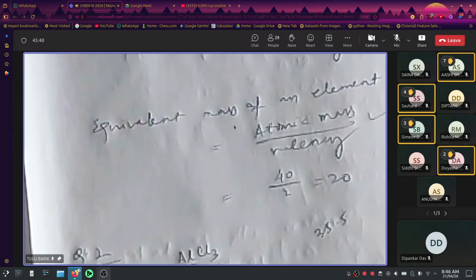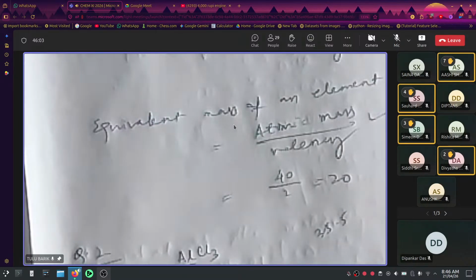Atomic mass by valence, beta. So what is the atomic mass of zinc? Who can say? 65.38. Okay, let it be 65. And valency? 2. So it is 32.5.